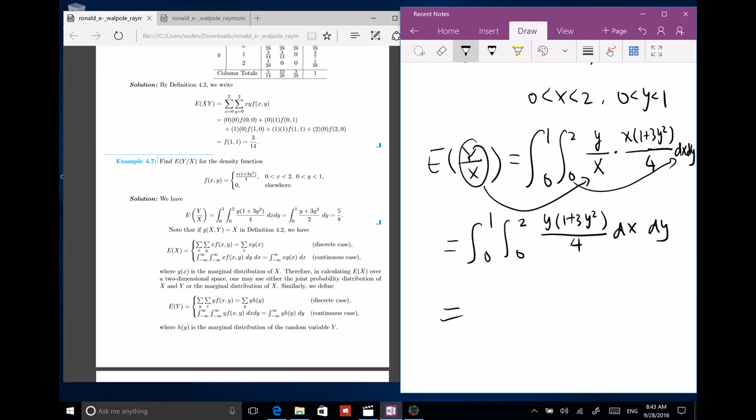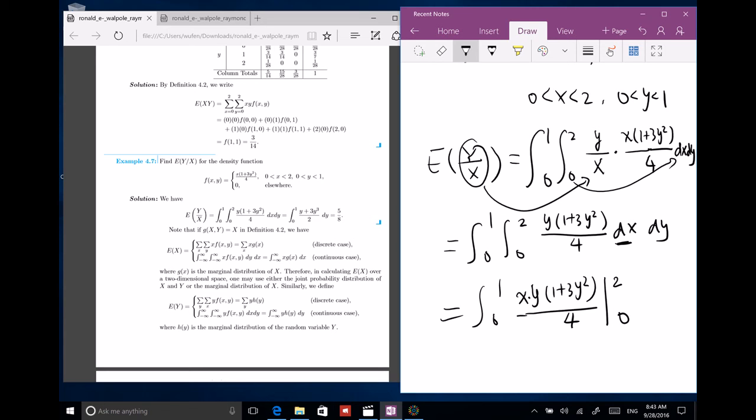Okay, this is the antiderivative part, from 0 to 1. First take the antiderivative with respect to x. We don't have a variable x here, so we just have y times 1 plus 3y squared over 4, and you multiply by x, because it's the antiderivative with respect to x. Then plug 2 and 0 in.